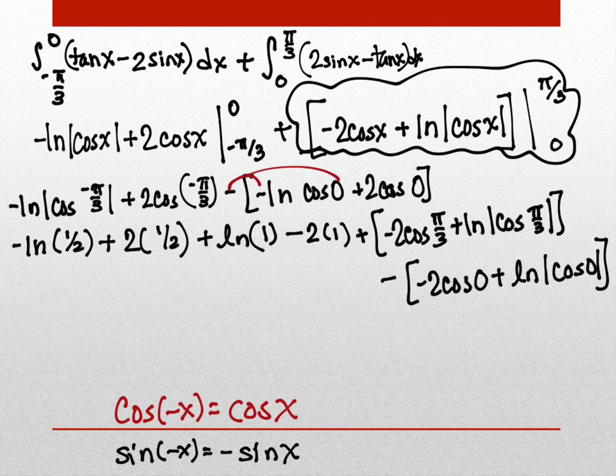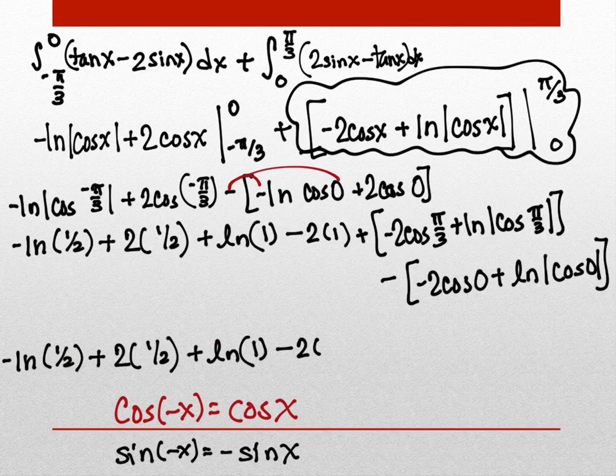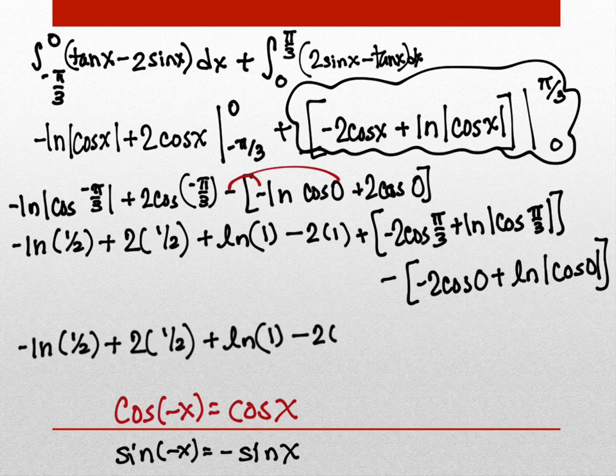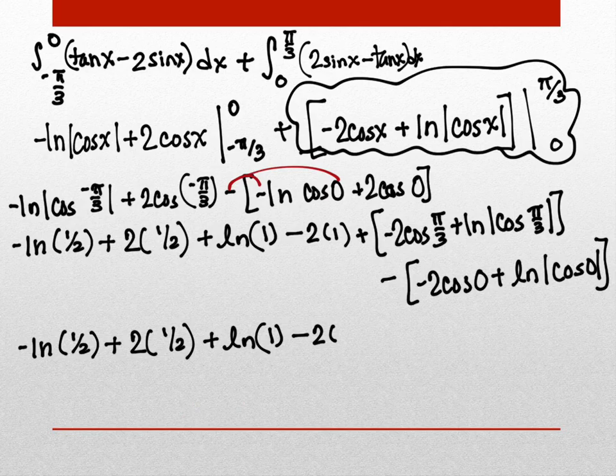Okay. So this part at the beginning, if I get that copied and pasted. It's right here again. And over here I have minus 2. We said the cosine of pi over 3 is 1/2.